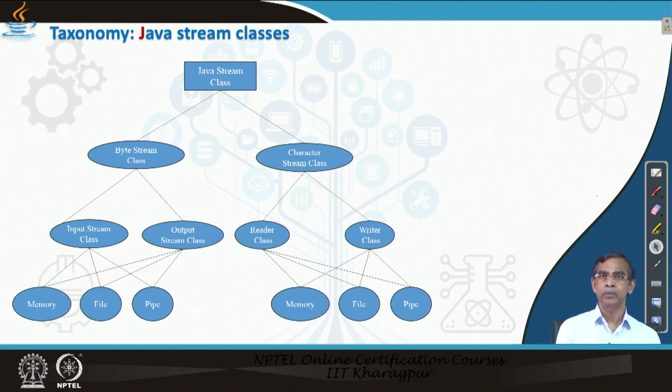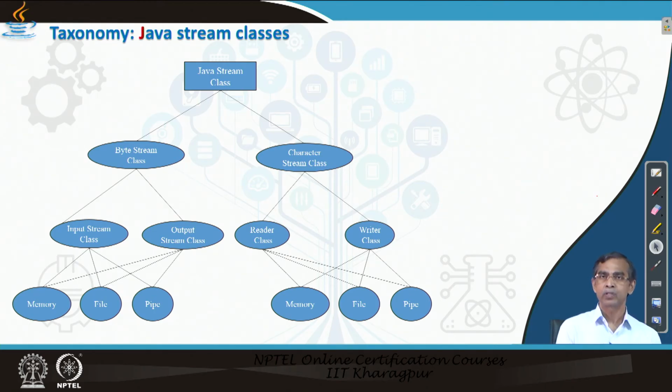And just like in the case of byte stream, there are also many targets or sources. The source may be any type of hardware. Pipe is basically a flow, related to our threading mechanism, where pipe comes into the picture. If you are familiar with the Unix operating system, possibly you know the concept of pipe.